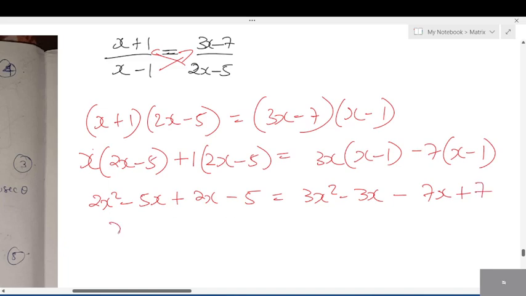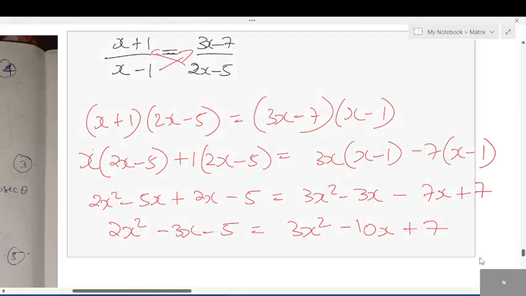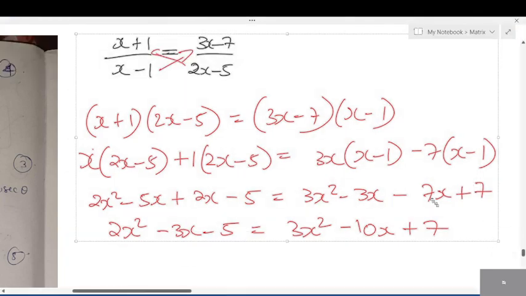Next, what is minus 5x plus 2x? Minus 5. Next, 3x square. What do you get? Plus 7. Okay, which is greater, 2x square or 3x square? So try to shift 2x square to the other side.